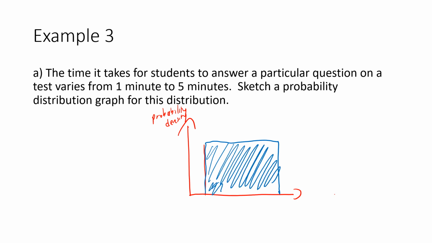Okay, so time in minutes is going to range from 1 to 5. Now, this here has a length of 4, right? 5 minus 1. So if you want to look at the formula, it'll just be 1 over 5 minus 1, which is 1 over 4. Okay, so that's how you get the probability density. And that's pretty much it for the probability histogram for uniform distribution.